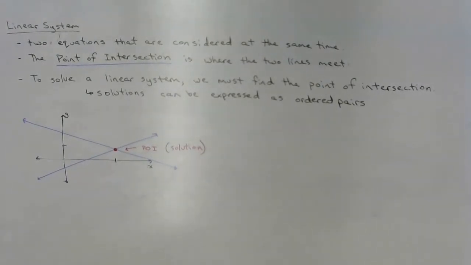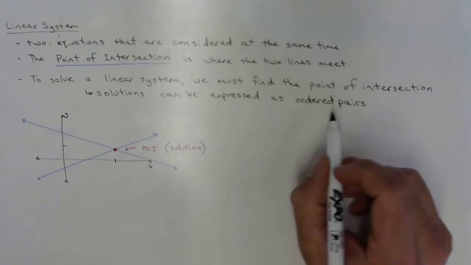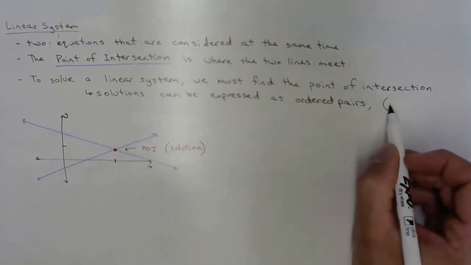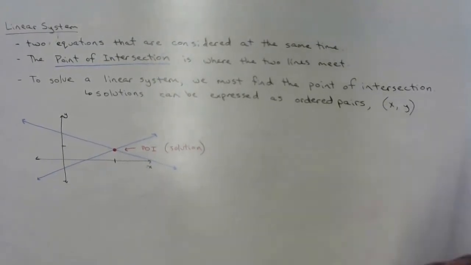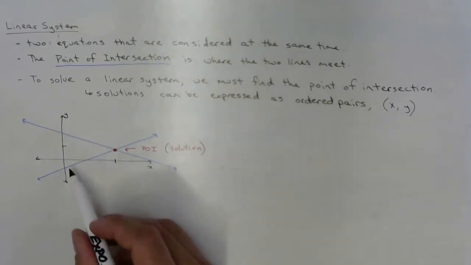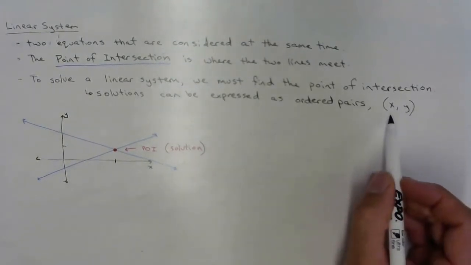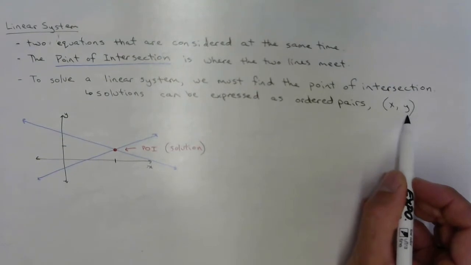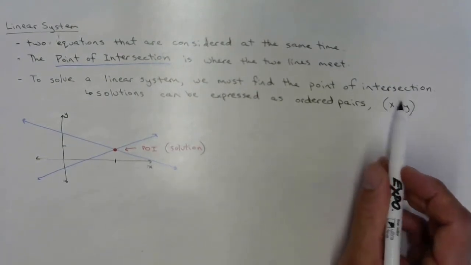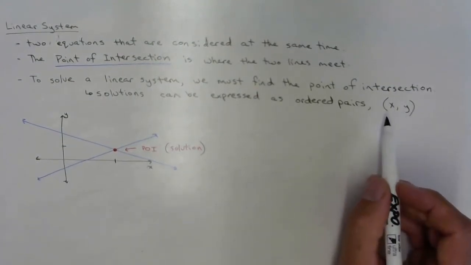Ordered pairs is another word for coordinates. So right after that, I would just say, comma, that means x, y. 2 values, how far it goes along the x-axis in the first spot, and then a comma, and how far it goes along in the y-axis.